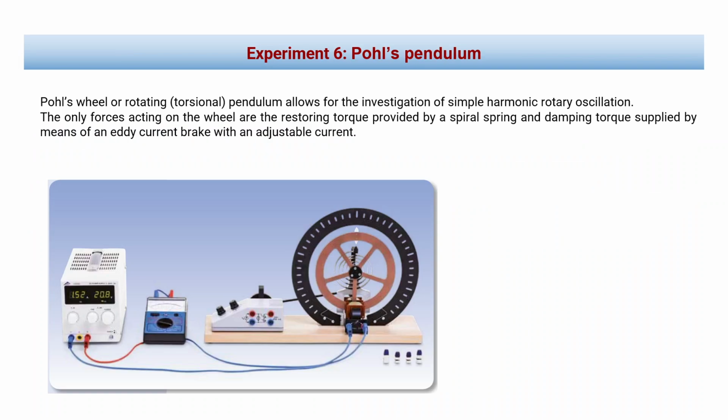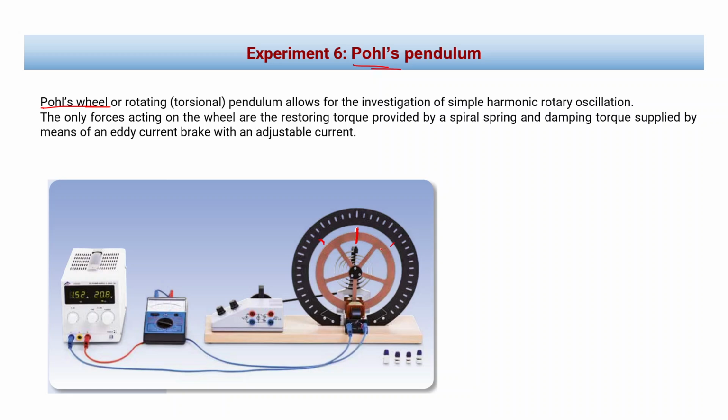Now the instrument that the professor used to show the experiment for these oscillations is called Pohl's wheel or Pohl's pendulum. This is the spelling. It looks like this. This is the wheel. Say this is the marker, and if it's oscillating, it will go up to some height, and then in this direction it will go to the same position.